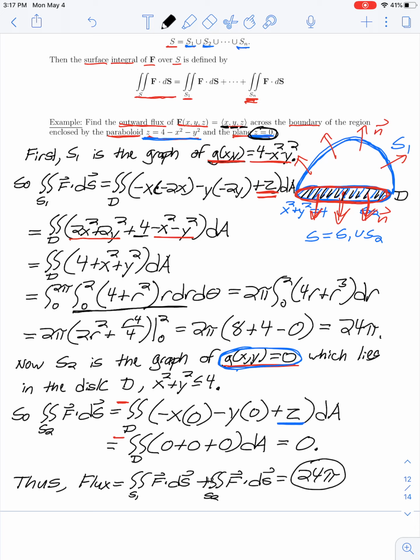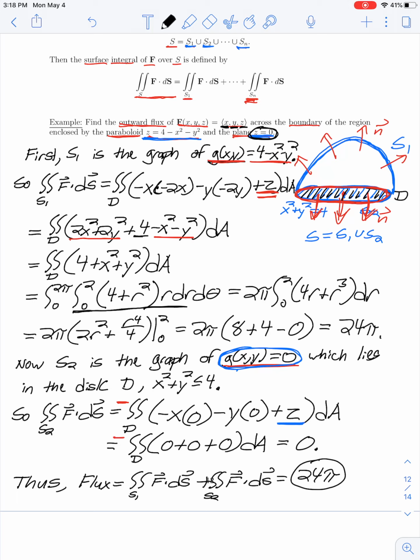Okay, so in this last example, we started looking at how we can evaluate a flux integral over a closed surface if we think about the closed surface as consisting of maybe two or more smooth surfaces, and then evaluating the flux integral over each subsurface and taking that sum.